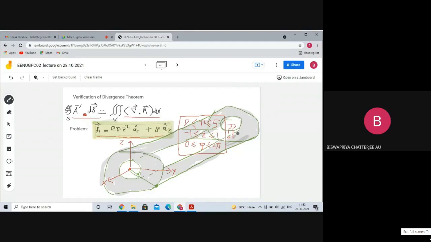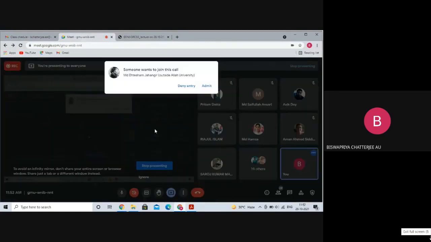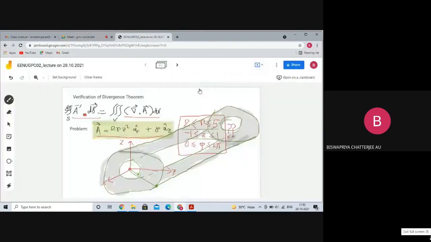It will be a structure like this, a hollow cylinder. Please, anyone having any doubt?